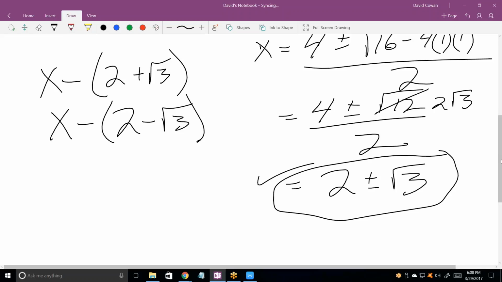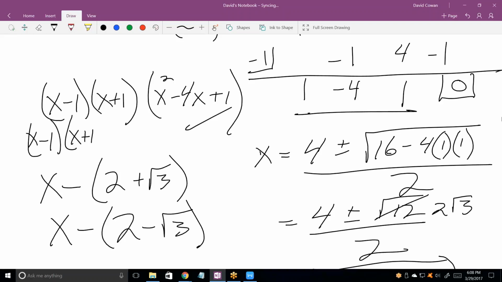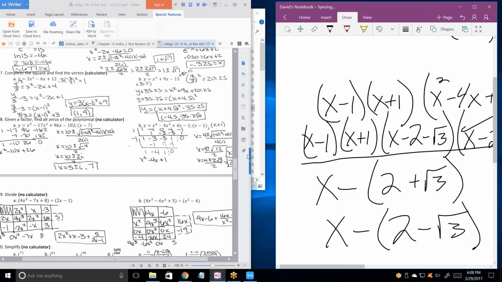Which makes our solution x minus 1 times x plus 1 times x minus 2 minus root 3 times x minus 2 plus root 3. There's my 4 factors. And that should be what she got.